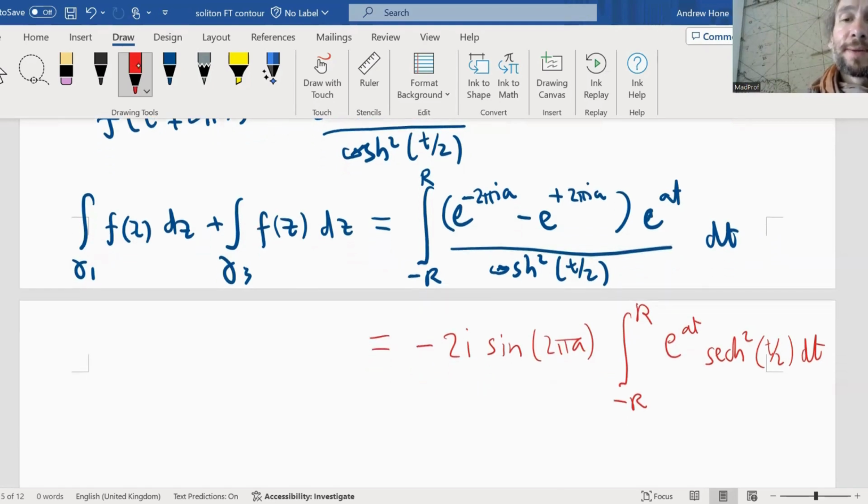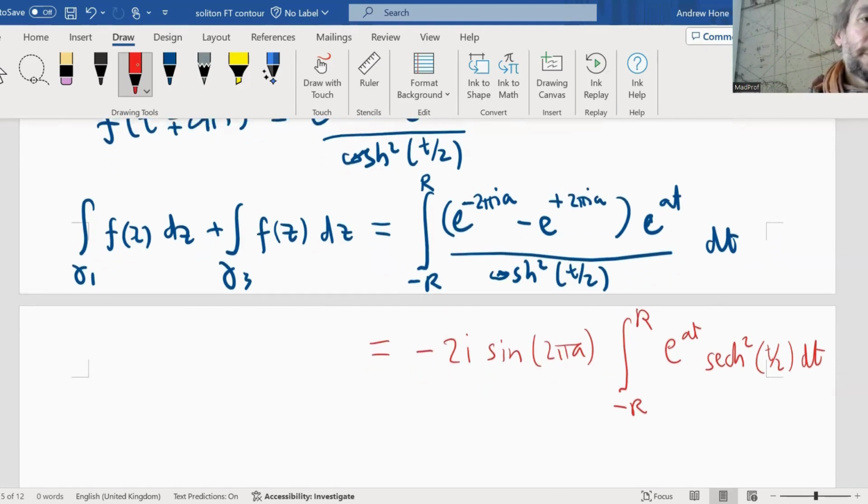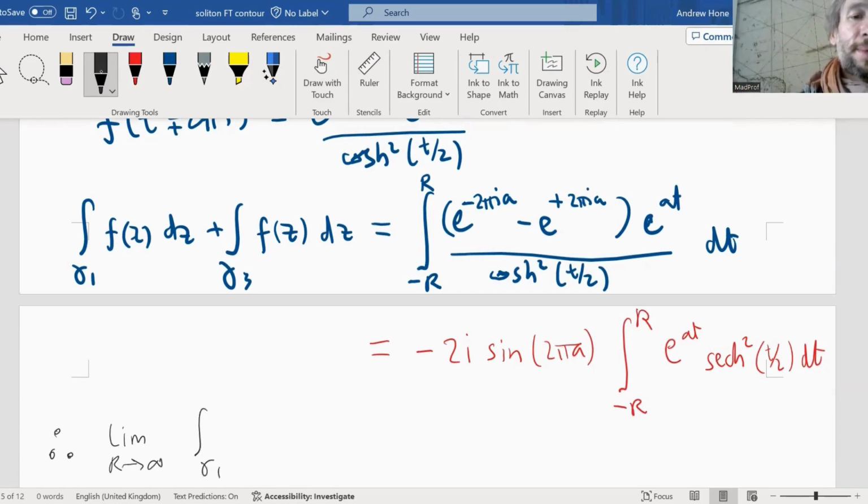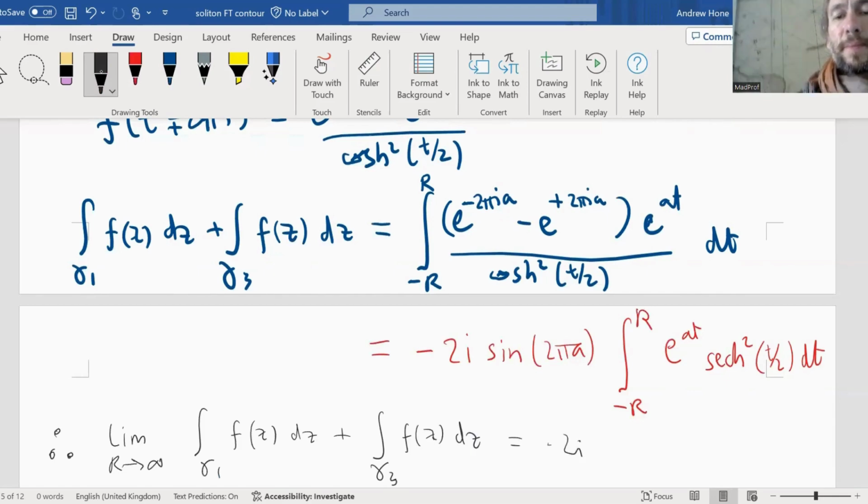So in the limit, we can say as a conclusion, the limit when r tends to infinity of the sum of these two horizontal integrals is equal to that factor times the integral.